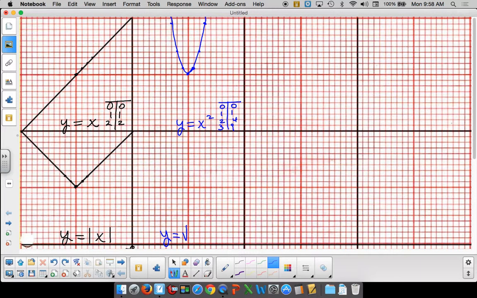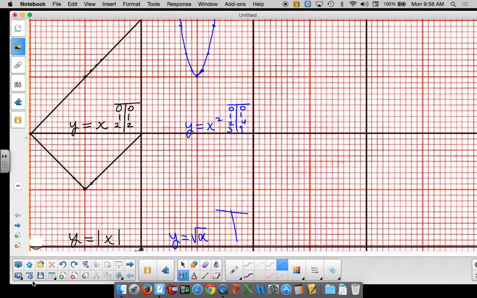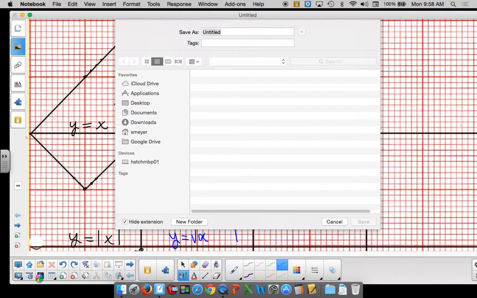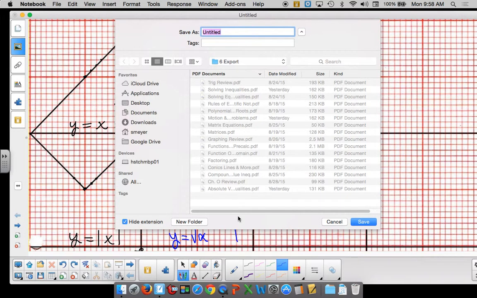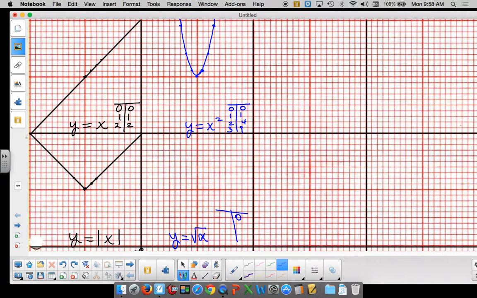Square root graph. You can only do the top half. What does it do to the coordinates you plot? It turns it sideways, but what do we do to the t-table to make it go sideways? Inverses switch your x and y coordinates. So your 1, 2, 3 go on the right, your 1, 4, 9 go on the left.